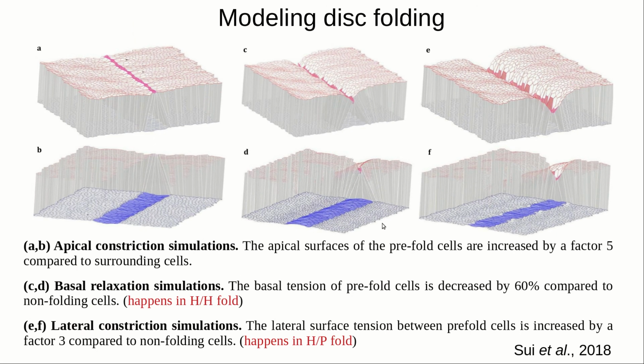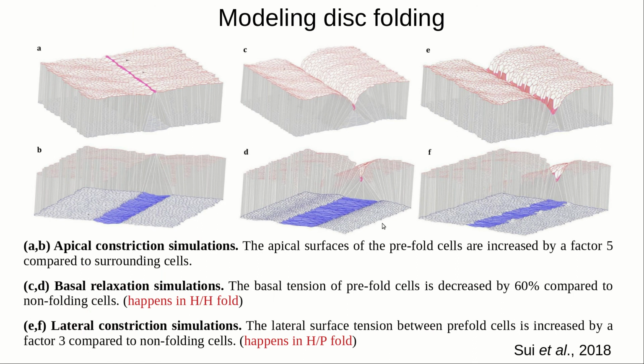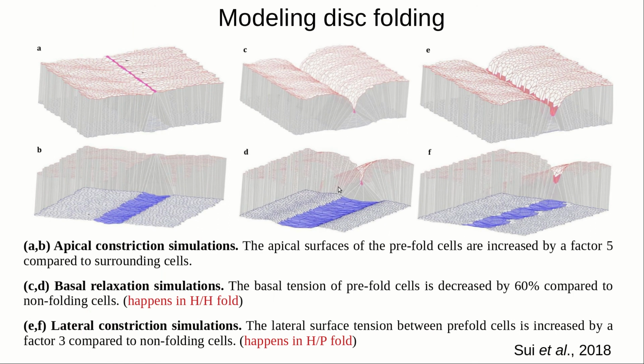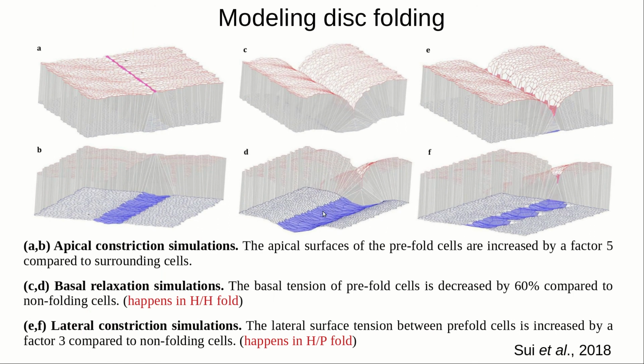Well, these are simulations, 3D vertex models, that show how these two mechanisms are enough to produce bending in silico. In the middle part, you have how a decrease in basal tension causes a basal expansion of cells, and this causes folding. Then in the last column, you have an increase in lateral tension, which also causes folding.